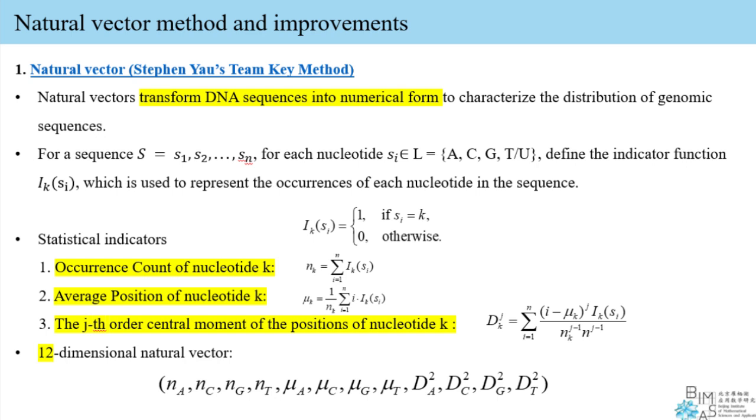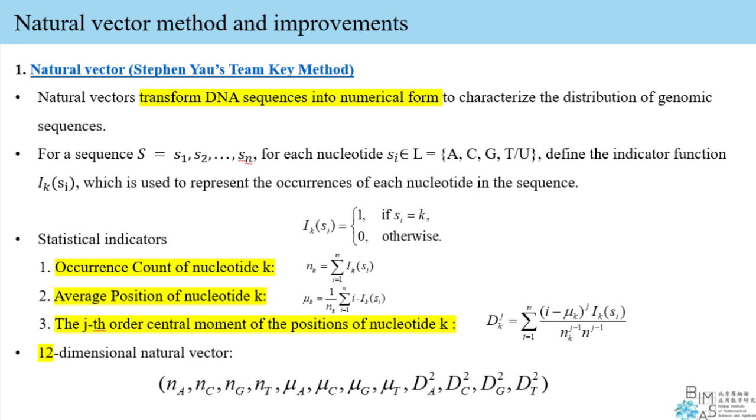Then we can define the jth order central moment of the position. If j is 2, we get the second order. We studied the 4-dimensional counts and the 4 means, plus the second order, another 4, and then we get the 12-dimensional natural vector.